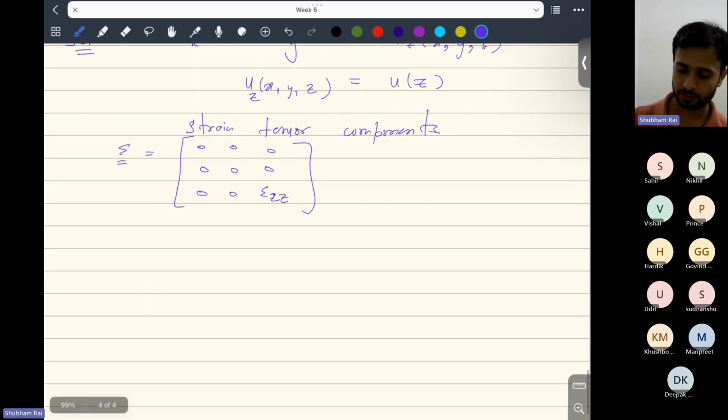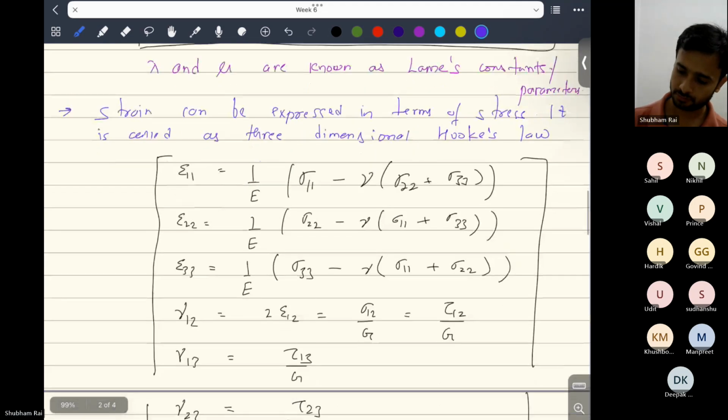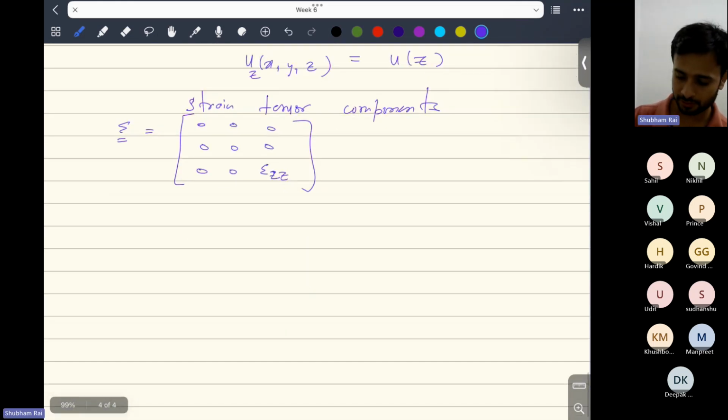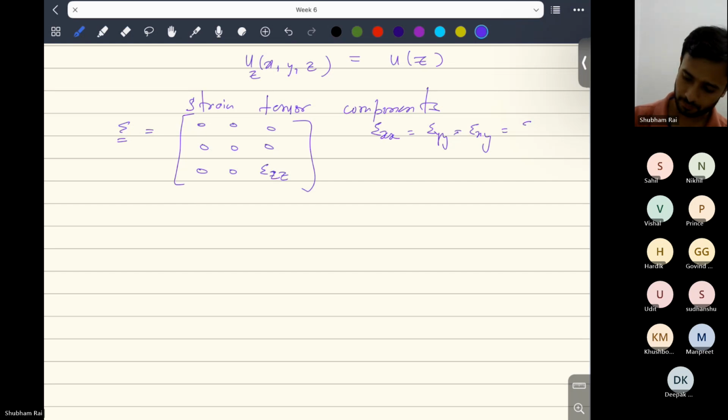So using this three-dimensional Hooke's law, from this strain matrix, we can say that epsilon xx is equal to epsilon yy, epsilon xy is equal to epsilon yz is equal to epsilon xz, all will be zero.